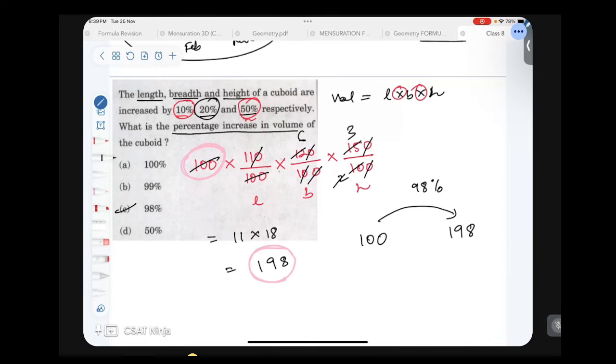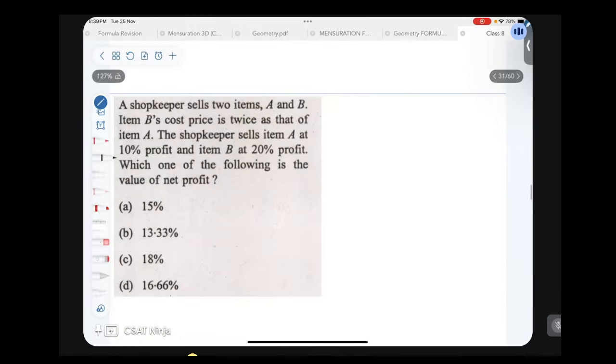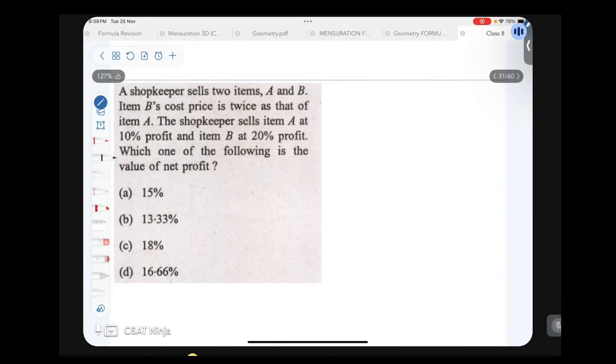Okay, let's go to the next one. Similar type of question based on percentage, based on profit and loss, but let's approach this one by percentage.